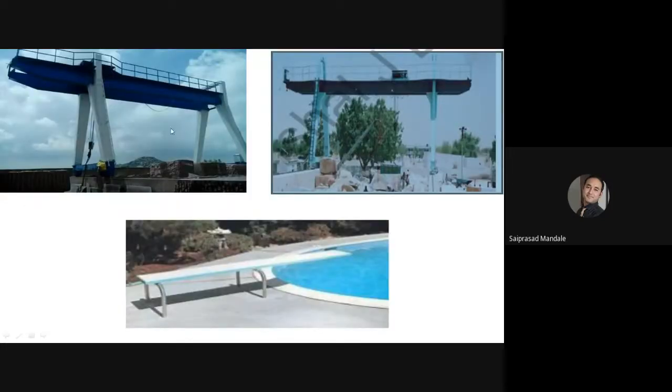Which type of beam is this? Overhanging. Perfectly correct. This is also an overhang beam.